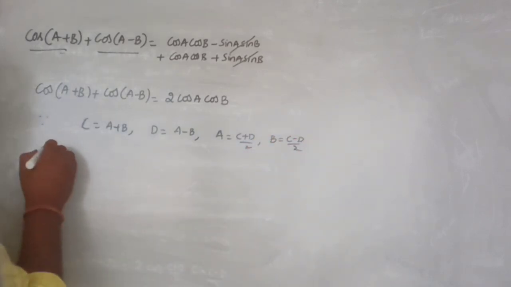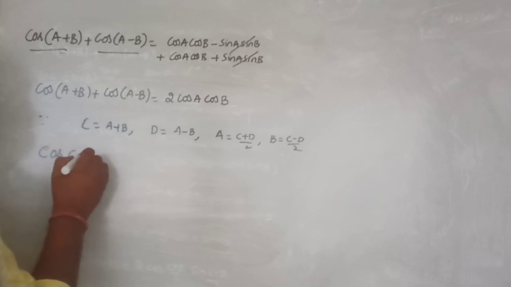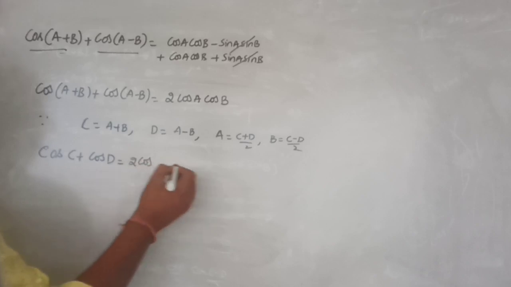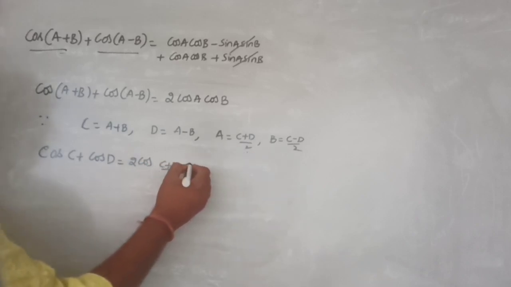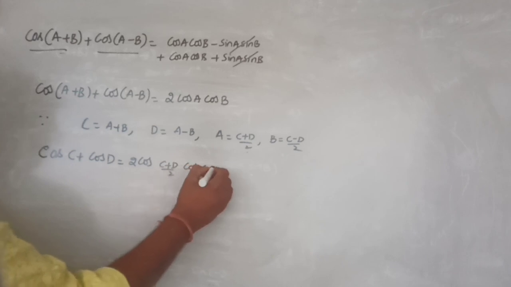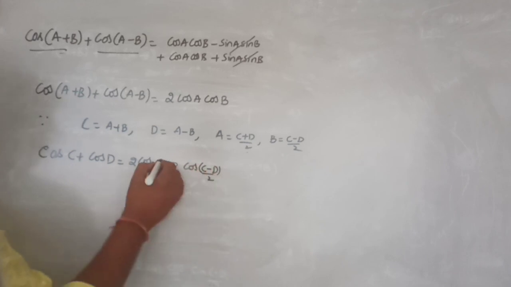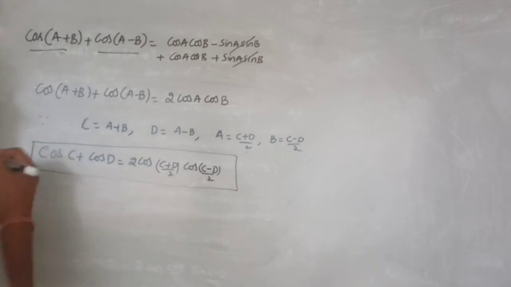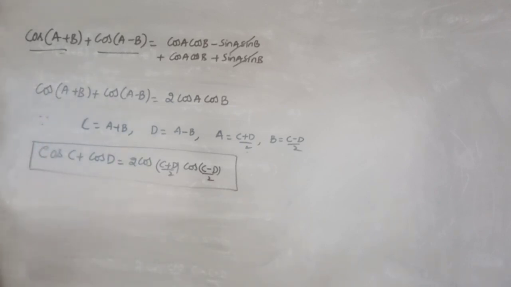So substituting these values, we get cos c plus cos d is equal to 2 cos of c plus d by 2 times cos of c minus d by 2. This is the value of cos c plus cos d.